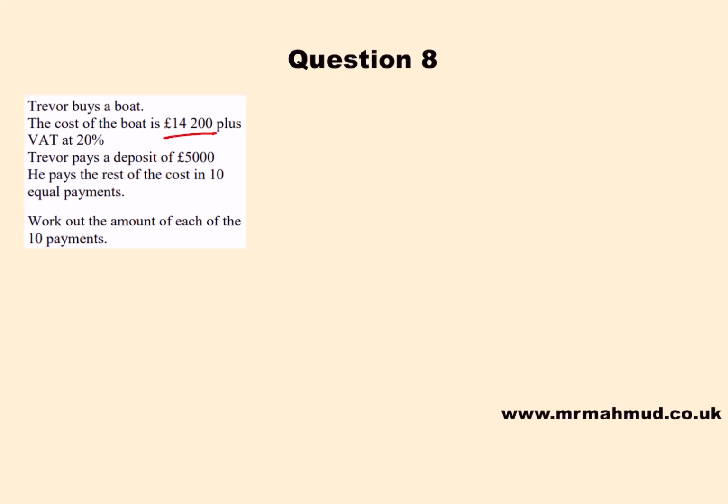So we've got 14,200 plus the VAT. So work out the total cost of the boat to start off with. So that's, we need to work out the 20% of 14,200 and add it on to the 14,200. 10% is going to be 1,420.